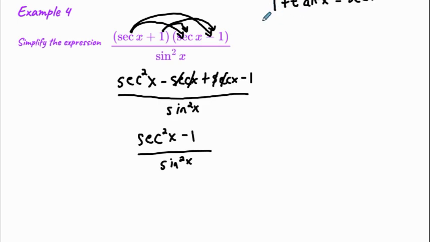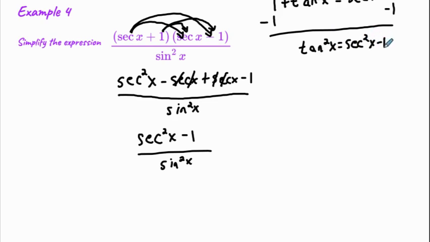If I subtract 1 from both sides, I get tangent squared x equals secant squared x minus 1. So that means I can substitute tangent squared in for secant squared x minus 1.